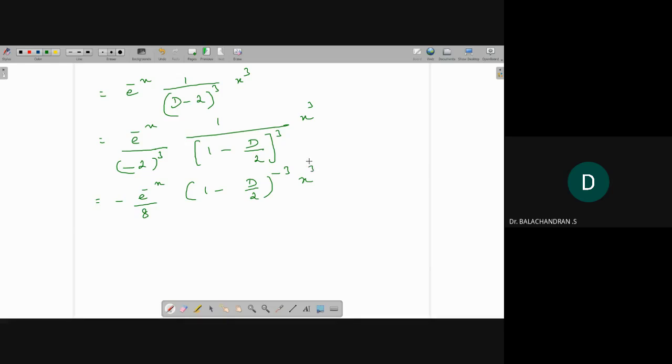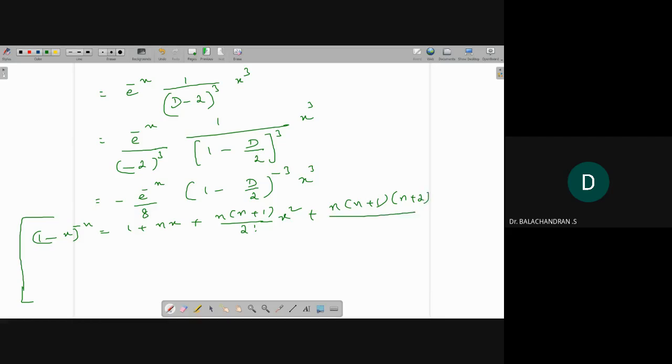Okay, so for this, now I will give the formula. Maybe you studied, but it is better to give the formula. (1 minus x) whole power minus n equal to 1 plus nx plus n into (n plus 1) by 2 factorial into x square plus n into (n plus 1) into (n plus 2) divided by 3 factorial into x cube plus and so on.